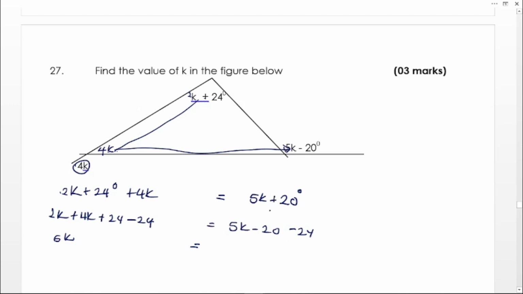No, sorry, this was a 5, this was a plus sign. So it's giving us 5k plus 5k. Let us first hold on here. This was 2k. This is 2k, and this one.